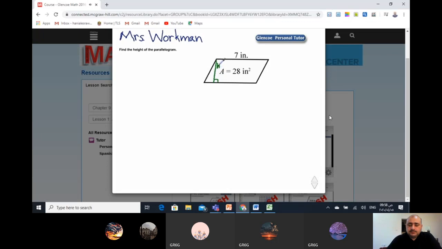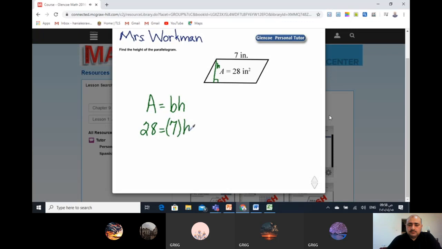To do this, we're going to remember that the area formula for a parallelogram is area equals base times height. There are 3 variables here. We can replace area with the 28 square inches. We can replace b for base with the 7 inches.